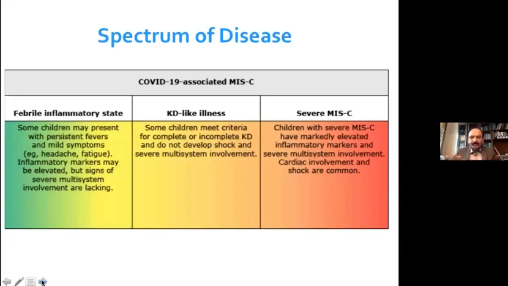There's a whole spectrum of the disease. You might see children who are coming to your outpatient clinic just with mild fever, headache, and there may be some systems involved, but because the illness is mild, you may not be admitting them. But the 2 conditions where you need to make sure that you admit these children are: one, a presentation of Kawasaki disease, and second, those who come in with shock.